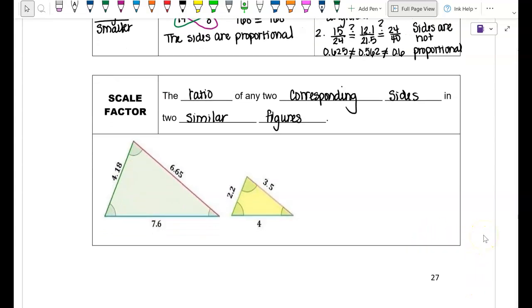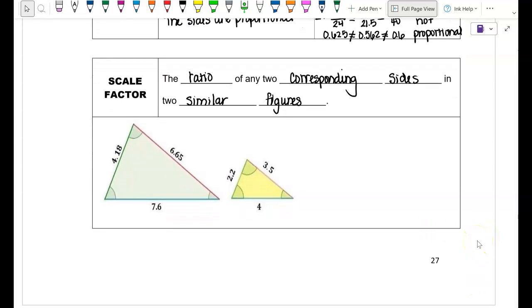So when we're looking at scale factor, we also have to pay attention to the order that they are asking for. We talked about this in the word problems. And this applies to scale factor. If they ask for the scale factor in a specific order, which the pretest that you guys did a couple weeks ago did ask for a specific order, in that case, in that specific order, you have to make sure.